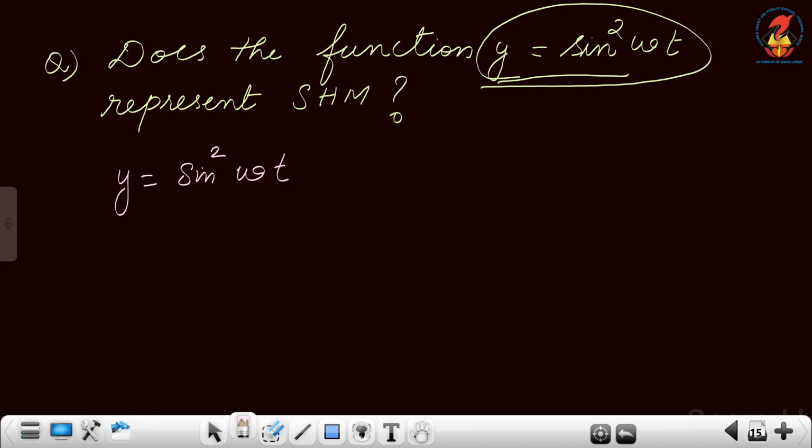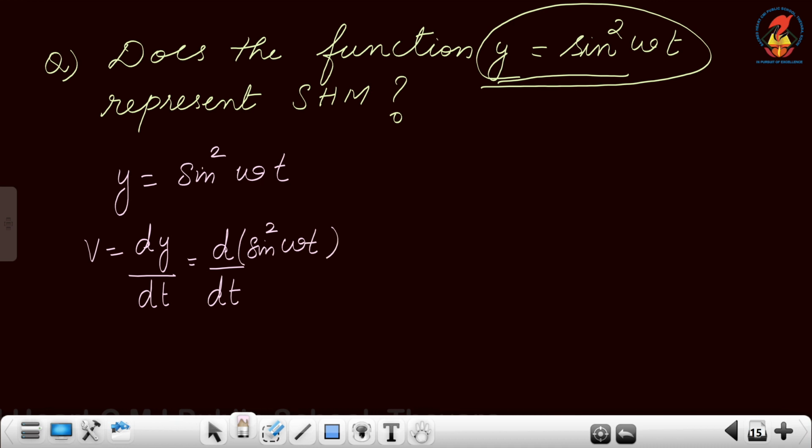We have to find out the velocity, and we know velocity is the rate of change of displacement. So, dy by dt, which is equal to d by dt of sine square omega t. Now, we know d by dx of x to the power n is n into x raised to n minus 1. So, d by dt of sine square omega t will be 2 sine omega t.